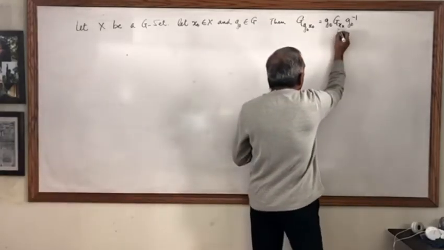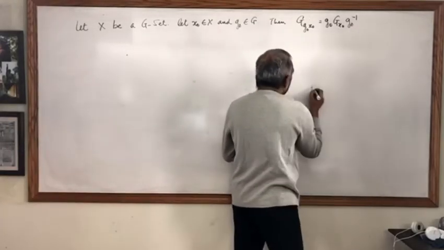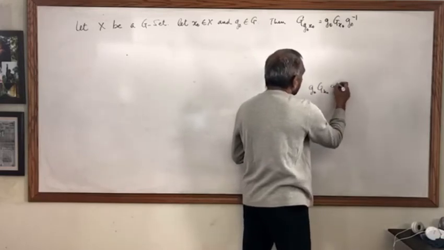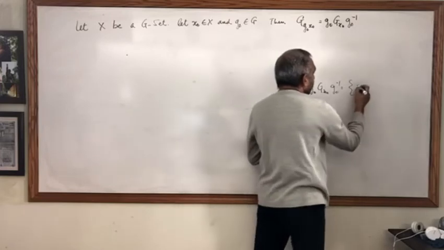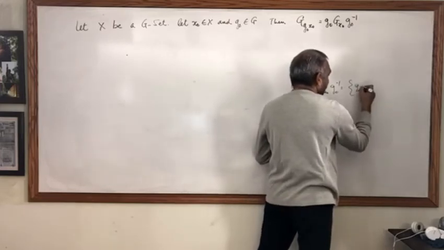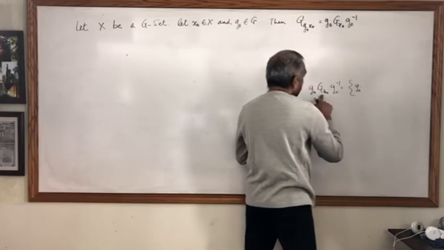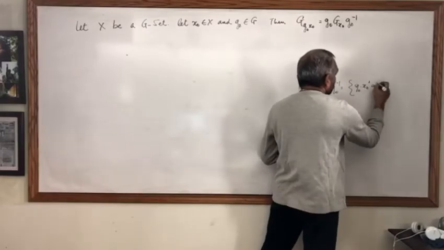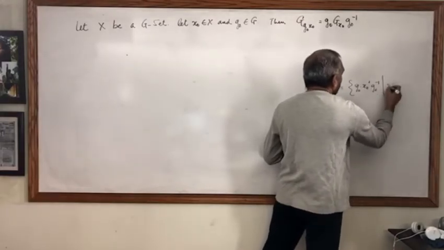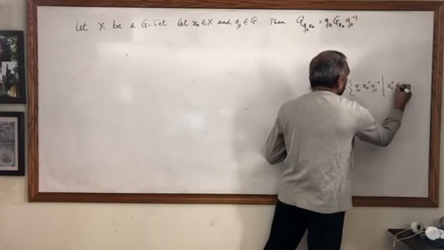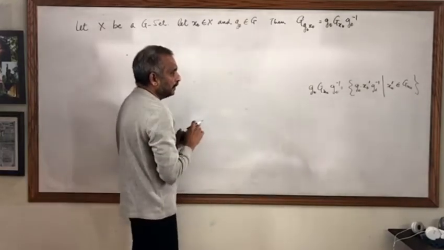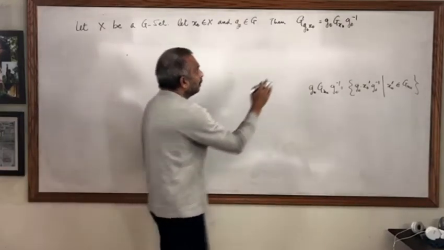This means actually the meaning of g0 G_x0 g0 inverse is g0 times elements from here, let us say x0 prime g0 inverse, where x0 prime belongs to G_x0. That is the meaning of this.